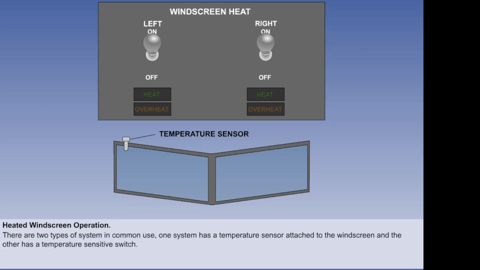There are two types of electrical windscreen heating systems in common use. One system has a temperature sensor attached to the windscreen, and the other has a temperature-sensitive switch. Both are controlled and monitored by cockpit switches and warning lights.